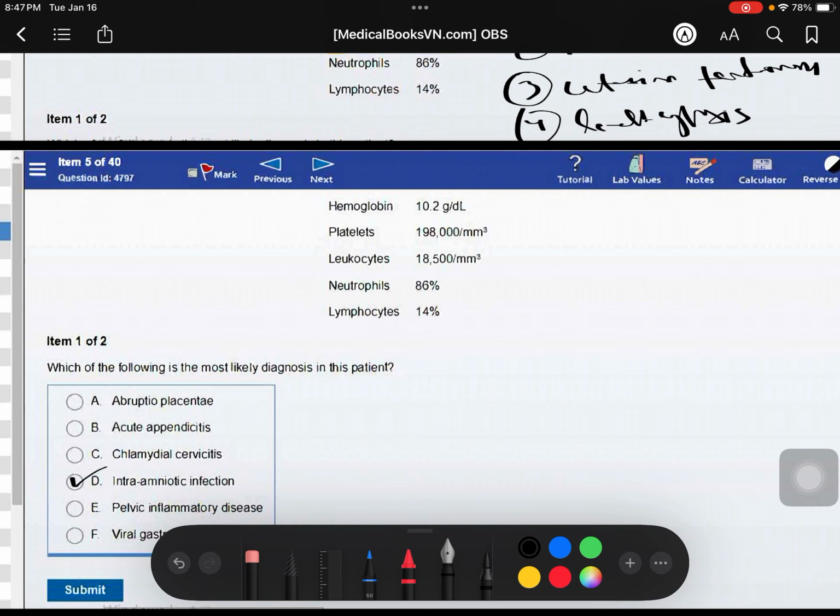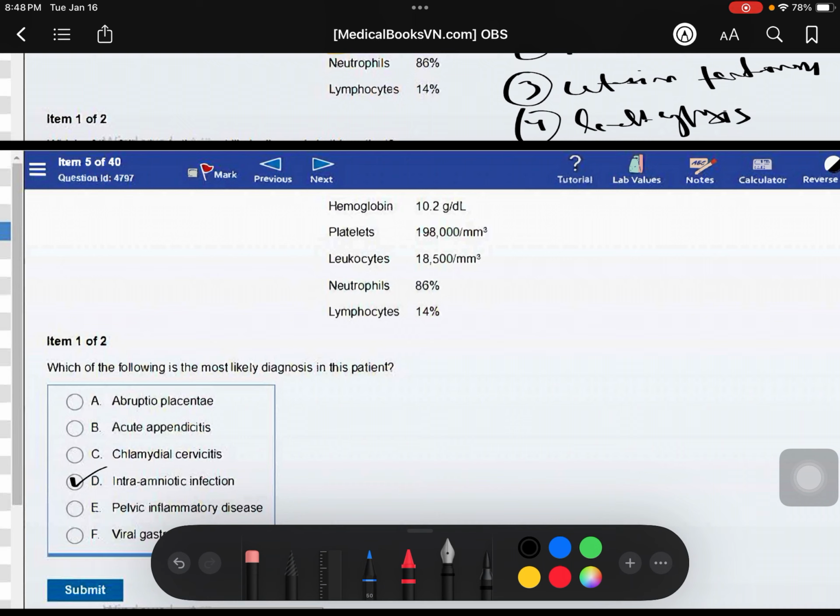As I told you, this patient is also suffering from vomiting. Her temperature is raised, she has uterine fundal tenderness, and she is suffering from leukocytosis. The WBC count is raised, 18,500.